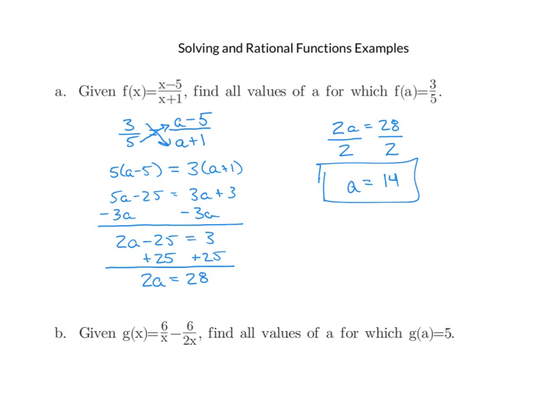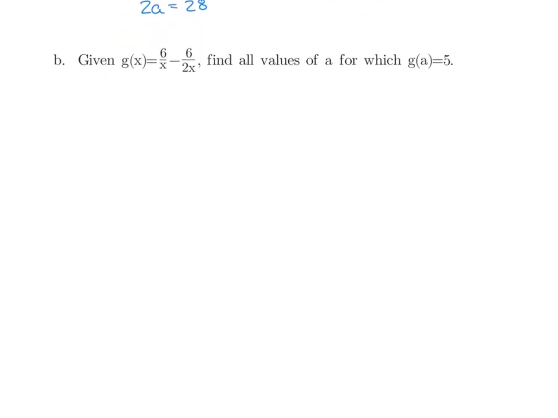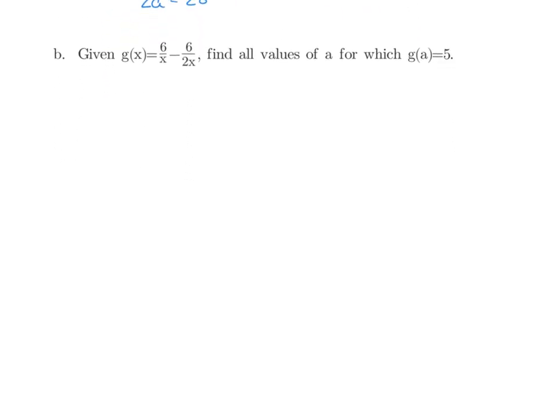Okay, last example, and then I'm going to have to take a break because apparently I'm losing it. Last one, given g of x equals 6 over x minus 6 over 2x, we want to go ahead and find all values of a for which g of a equals 5. So same thing again. Note that we are replacing our x. It's not g of x, it's g of a.